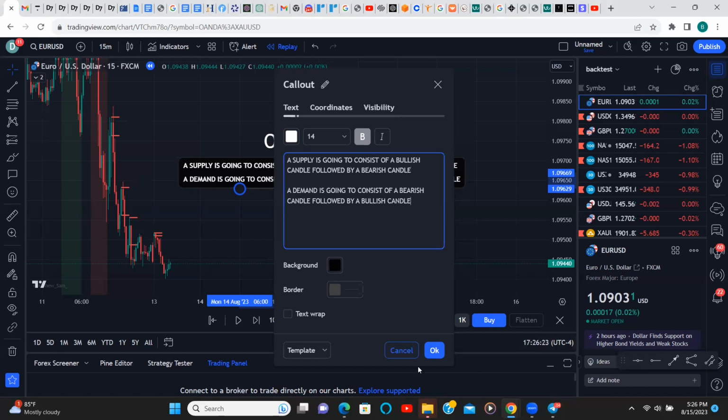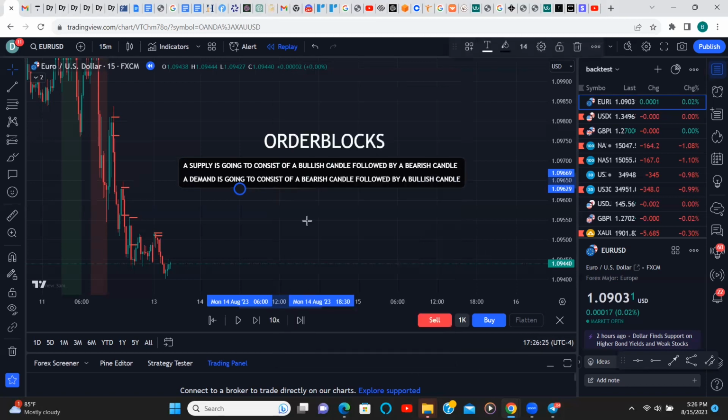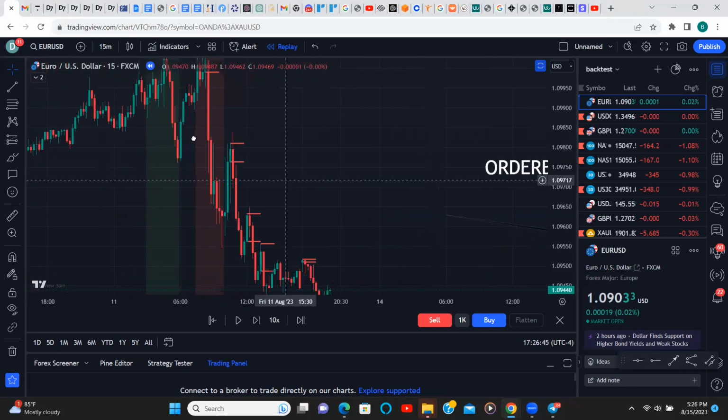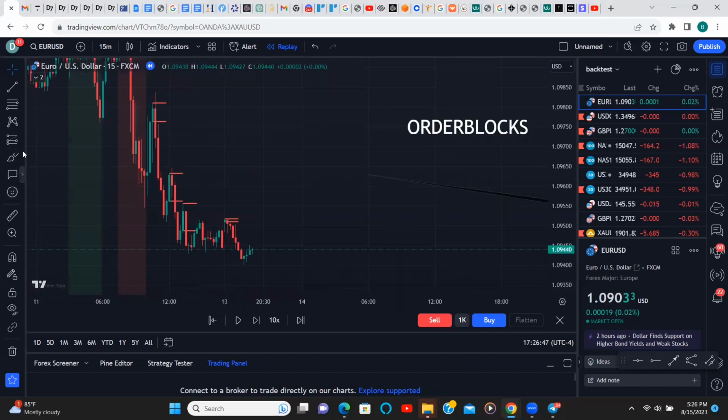So, what exactly are order blocks? As we know, the central banks control the markets and they allow us to, of course, take trades and make profits and whatnot. But what order blocks are, are the supply and demand zones. Like right here in this example, we have a nice supply zone, and we see how price breaks structure.